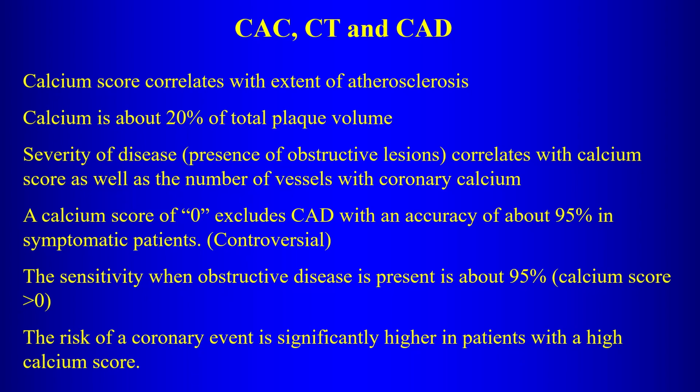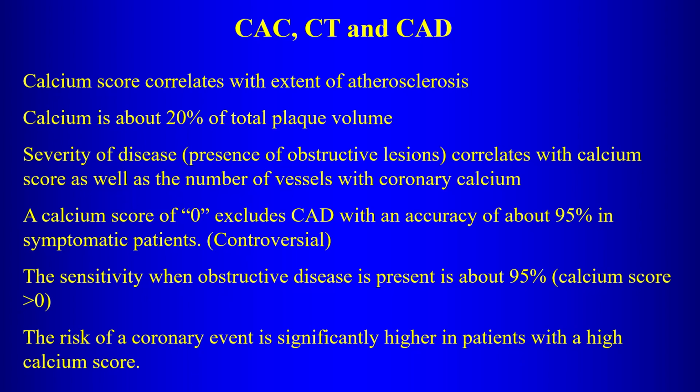The severity of disease, whether hemodynamically significant obstructive lesions are present, correlates with the calcium score as well as the number of vessels with coronary calcium. A calcium score of 0 might exclude coronary artery disease with a high accuracy in symptomatic patients. That was the thinking early on, although that has become a little bit more controversial, and we will discuss that in a little bit more detail in a few minutes.